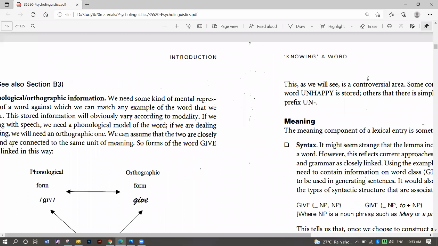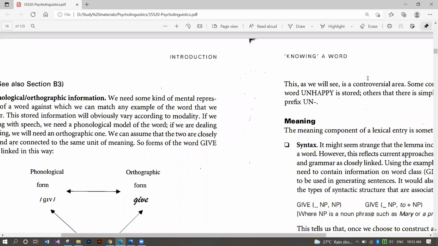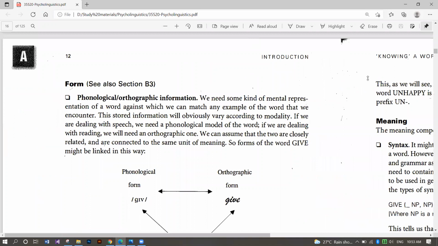This stored information will obviously vary according to the model of the word. If we are dealing with reading, we will need an orthographic one. So वही same बात कि आप अगर reading करते हैं तो definitely you will look for the orthographical form of a word. But if you are listening to something, you will go for the phonological model of a word. So we can assume that the two are closely related and are connected to the same unit of meaning.